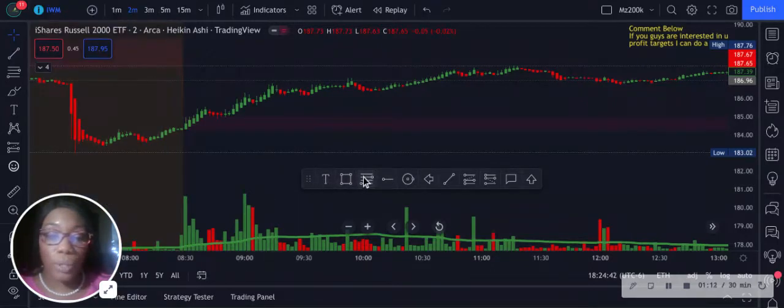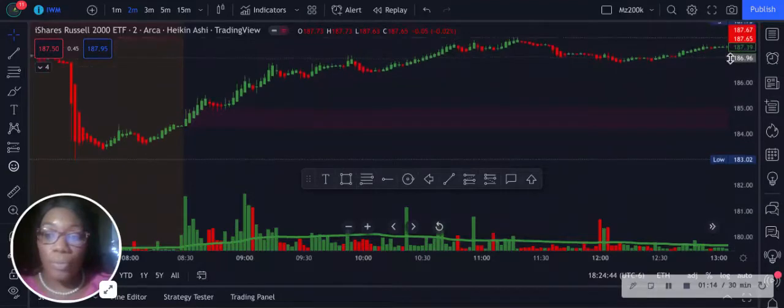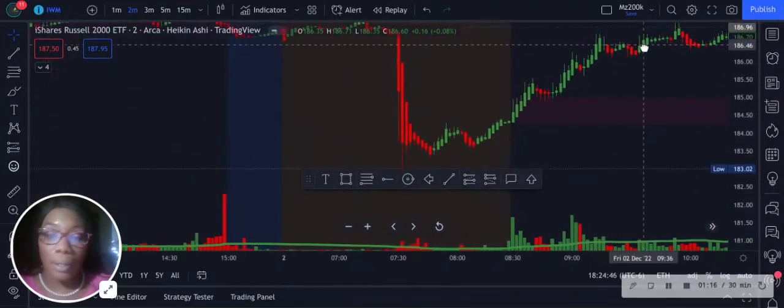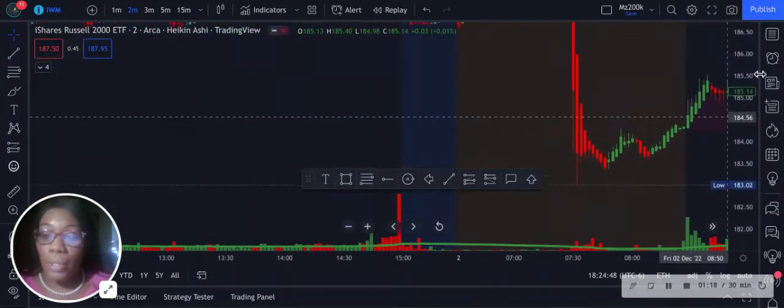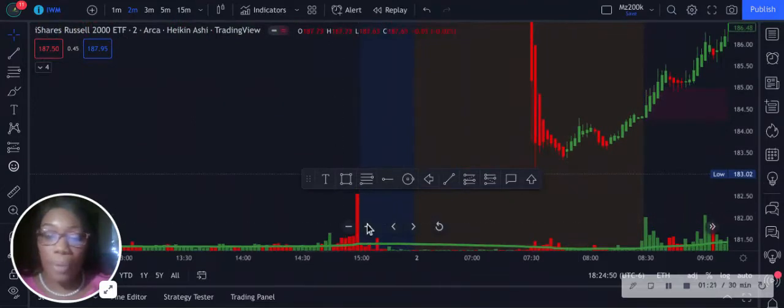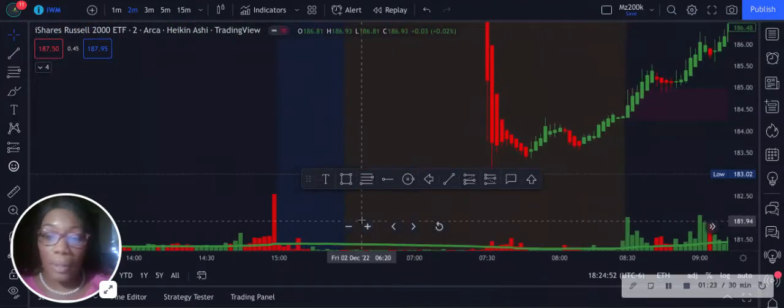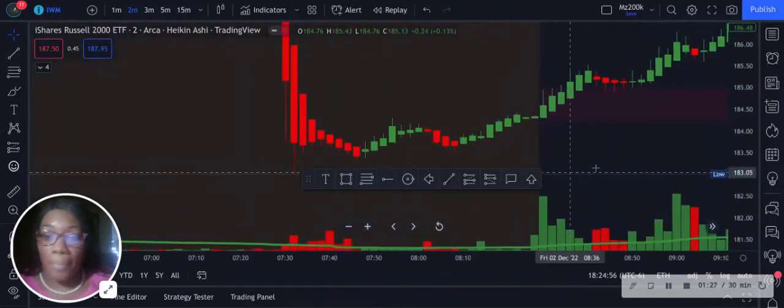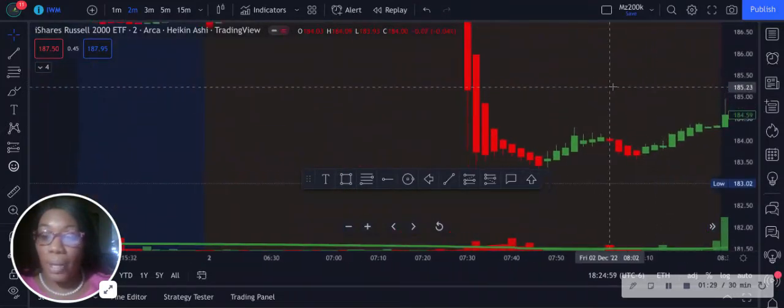So once you go to the Fibonacci, before we see all this action in the morning, all we have is pre-market, right? So we don't have any of this other information.